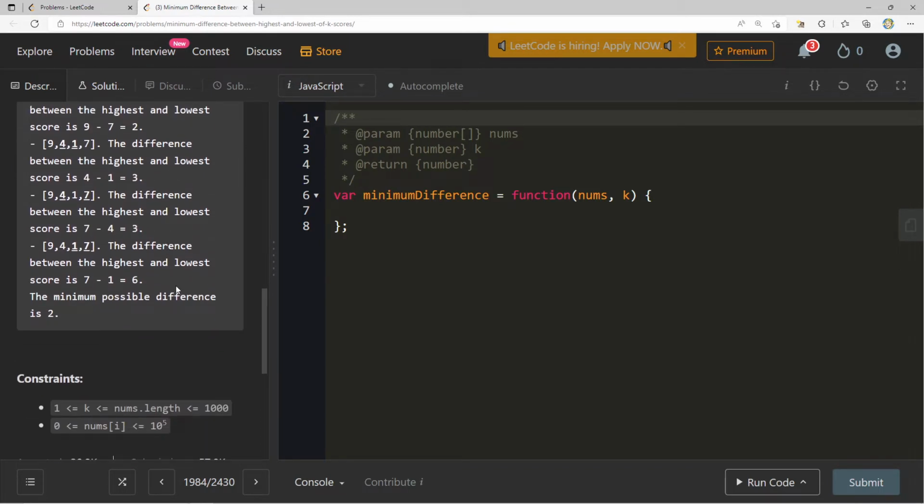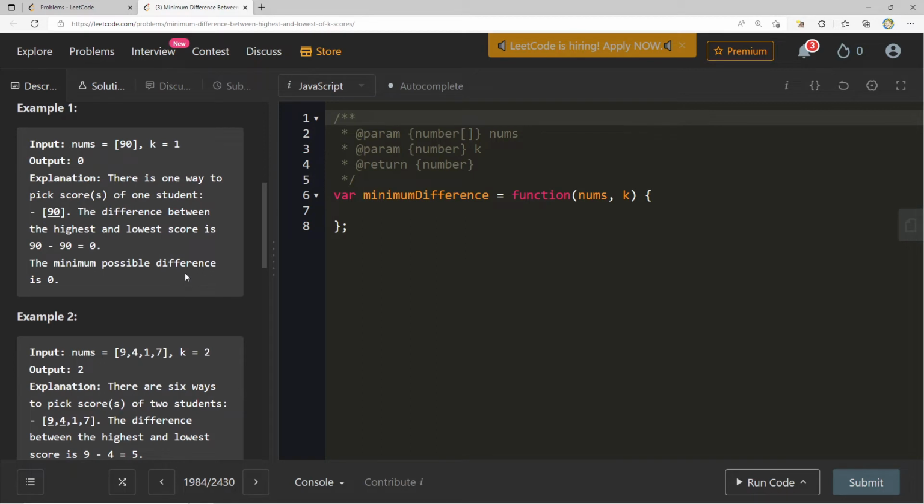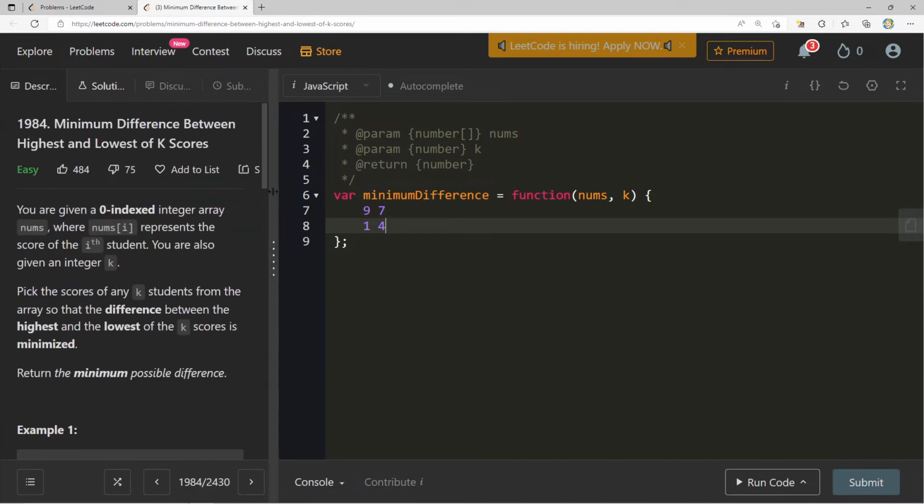Oh, minimum possible difference is, so the highest is 9 and 7, right? The lowest is 1 and 4. We want to minimize the difference between the highest and the lowest of the k scores.